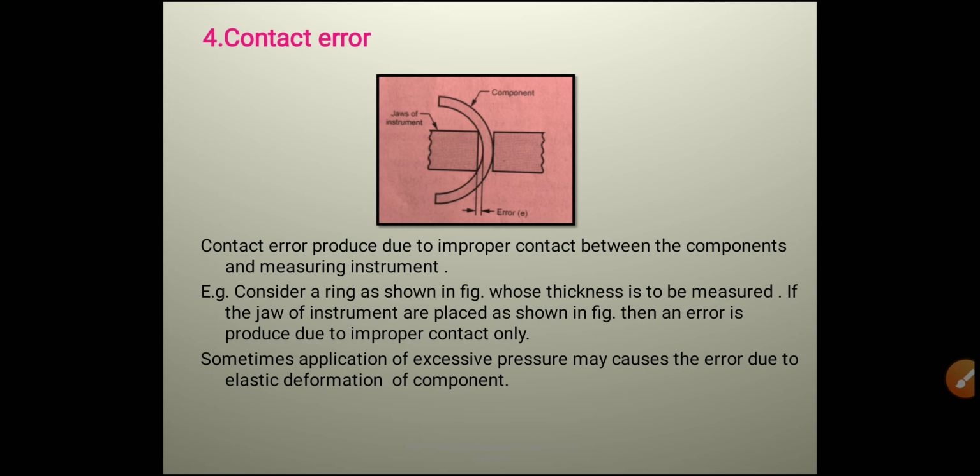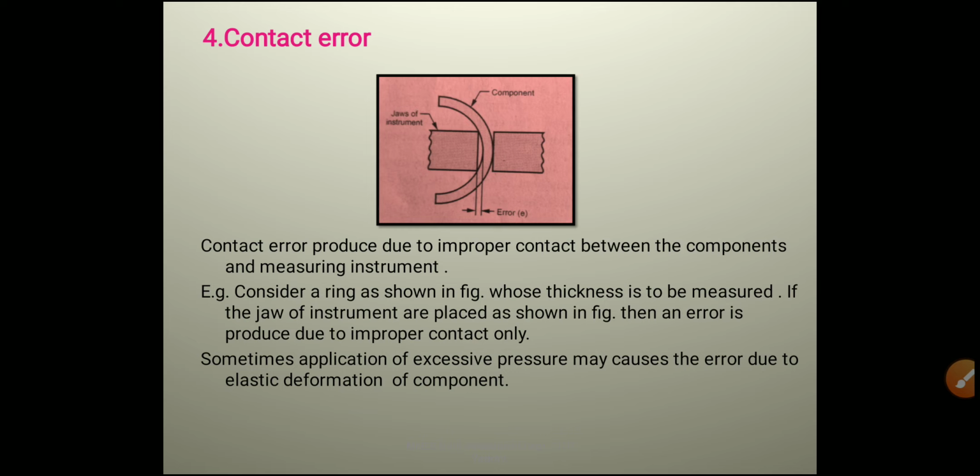And coming to the next error, contact error. Contact error is produced due to improper contact between the component and the measuring instrument. For example, consider a ring as shown in the figure whose thickness is to be measured. If the jaws of the instrument are placed as shown in the figure, then an error is produced due to improper contact only.